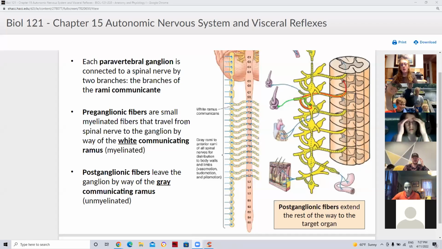So they're going to be small myelinated fibers that will then connect. Excuse me, each vertebral ganglion is connected to a spinal nerve via two branches of the rami communicantes.